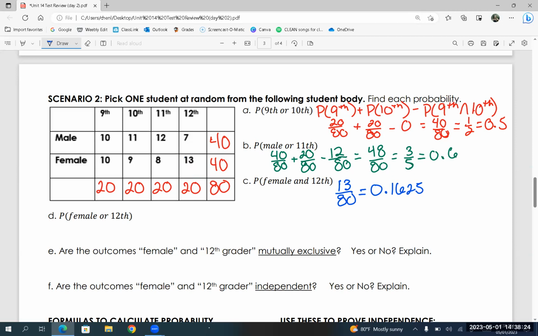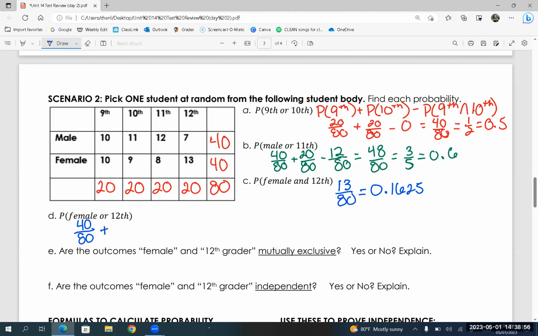Okay, part D, they're asking for the probability that somebody's female or in the 12th grade. So that would be the probability that we randomly select a female, plus, let's see, female was 40 out of 80, plus the probability that they're in the 12th grade.